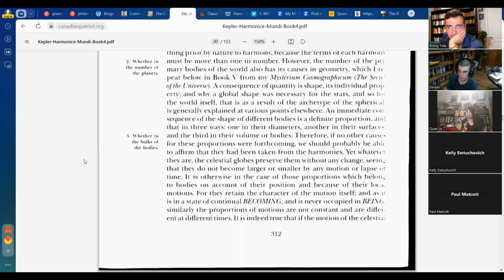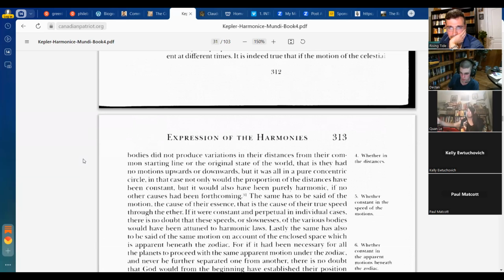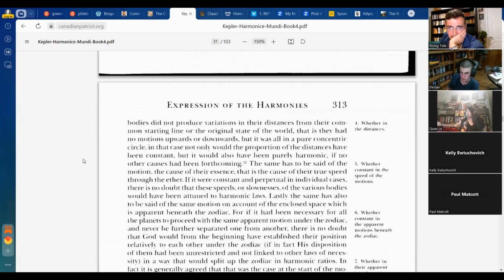Similarly, the proportions of motions are not constant and are different at different times. It is indeed true that if the motion of the celestial bodies did not produce variation in their distances from their common starting line or the original state of the world, that is, they had no motion upwards or downwards, but it was all in a pure concentric circle.